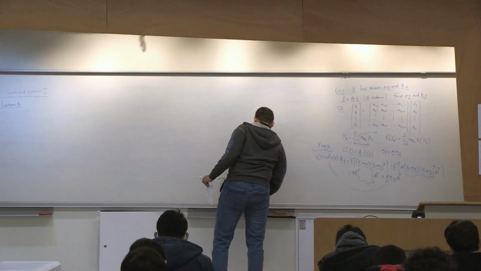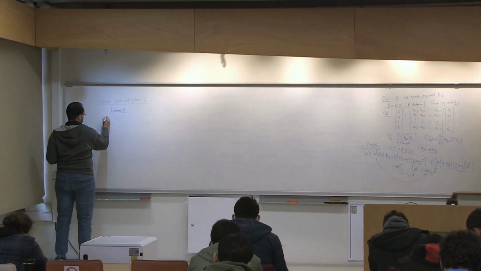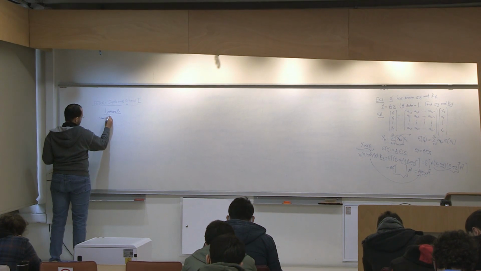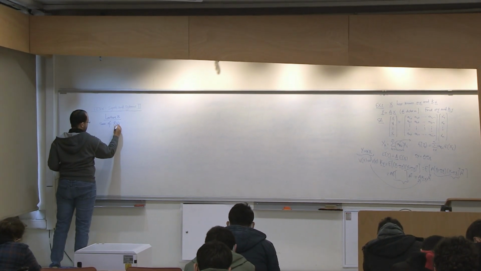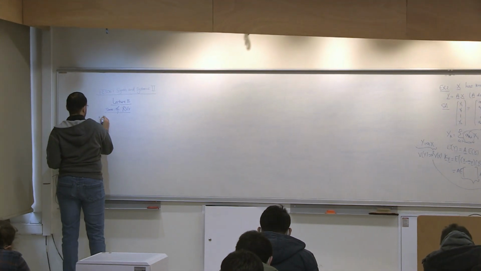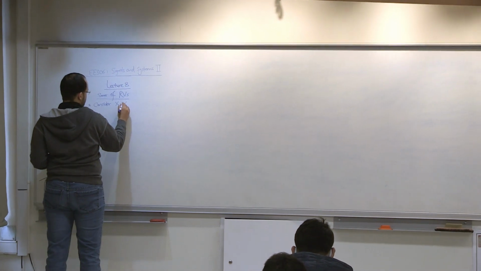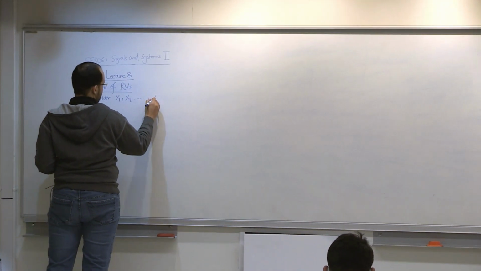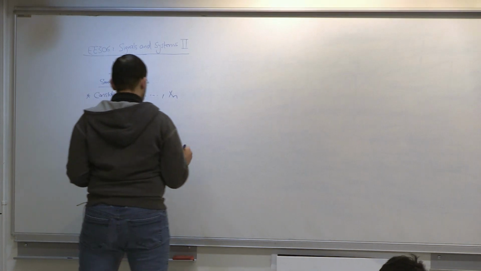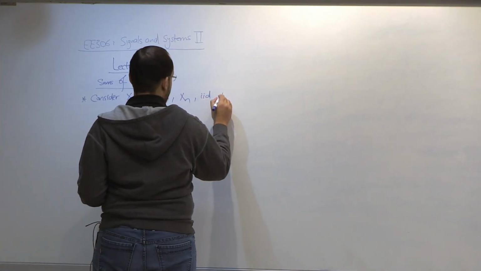All right, so sums of random variables. Consider X1, X2, ..., Xn, IID random variables.